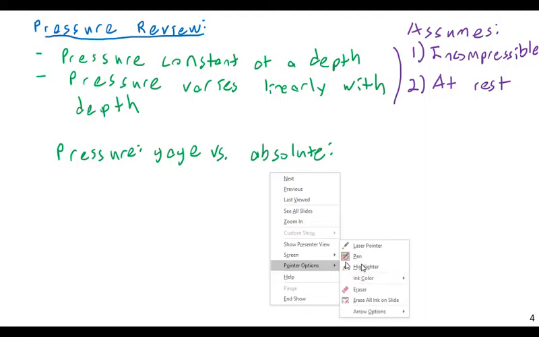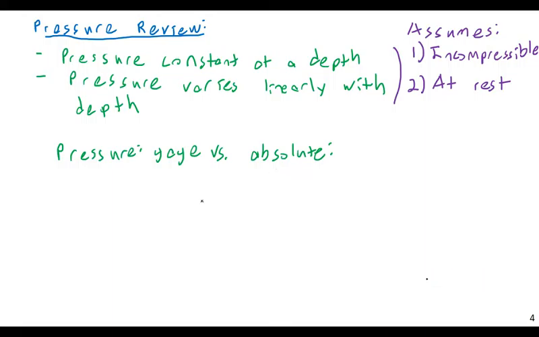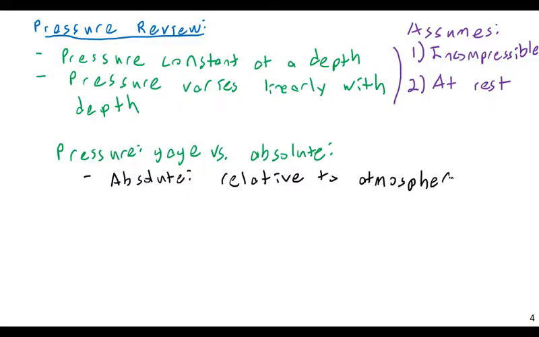Well, the difference here, of course, is that absolute is relative to atmospheric, and gauge is relative to the atmosphere.